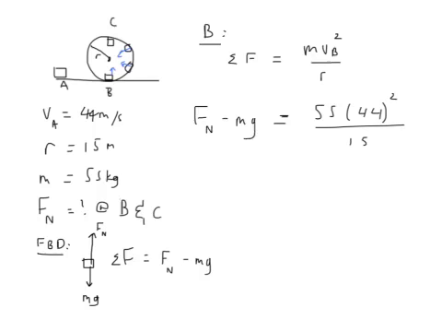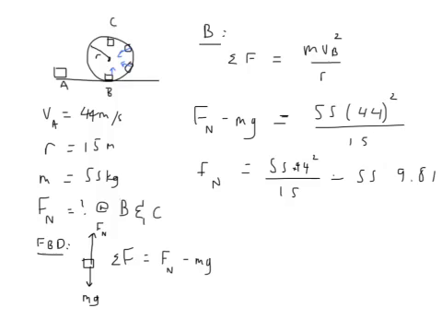Okay, so I plugged that in for the sum of the forces, and I'm plugging in something which is positive, so I'm obeying the golden rule of this equation, which is you have to plug in a positive expression for the sum of the forces. All right, now, the normal force then is 55 times 44 squared over 15, plus, I'm adding mg to both sides, 55 times 9.81.